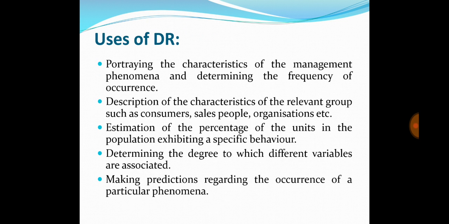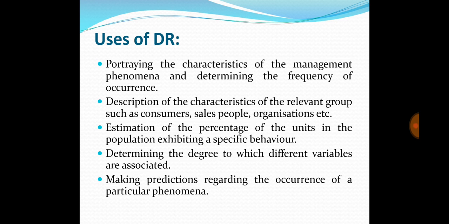Now, where are these descriptive research designs used? Whenever portraying the characteristics of a management phenomenon and determining the frequency of occurrence, how many times a particular thing is happening. Also in describing the characteristics of relevant groups such as consumers, salespeople, organizations; estimating the percentage of units in the population exhibiting a specific behavior; determining the degree to which different variables are associated; and making predictions regarding the occurrence of a particular phenomenon.